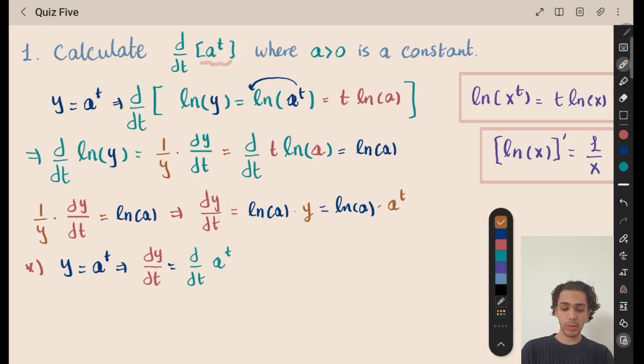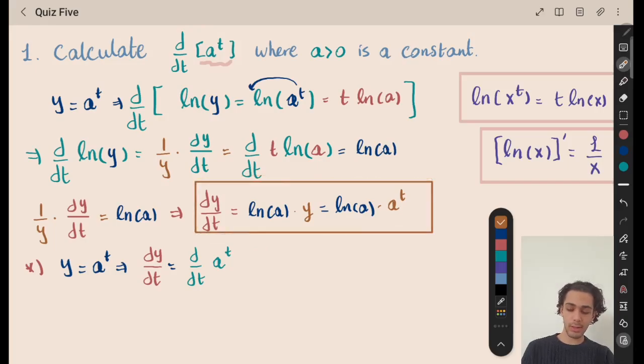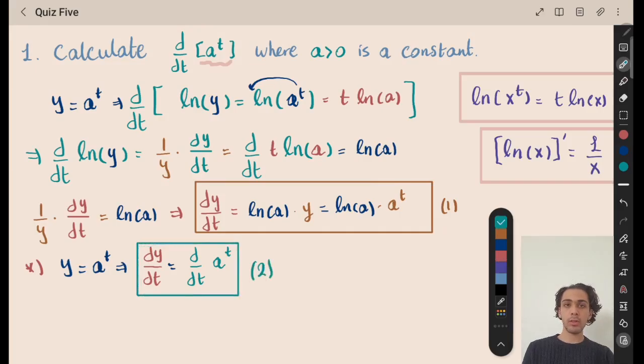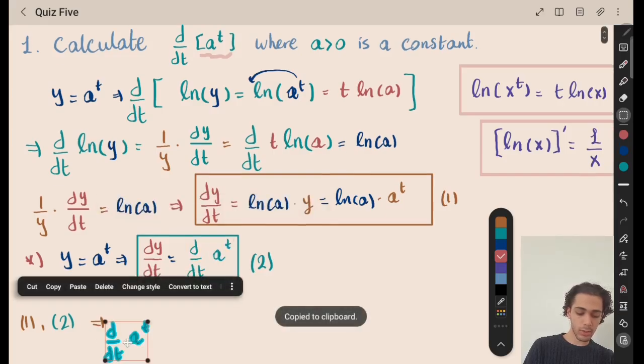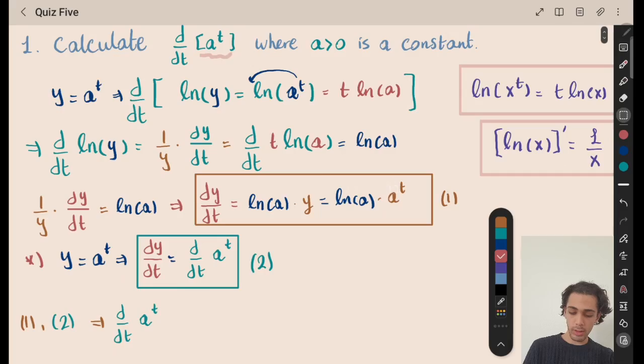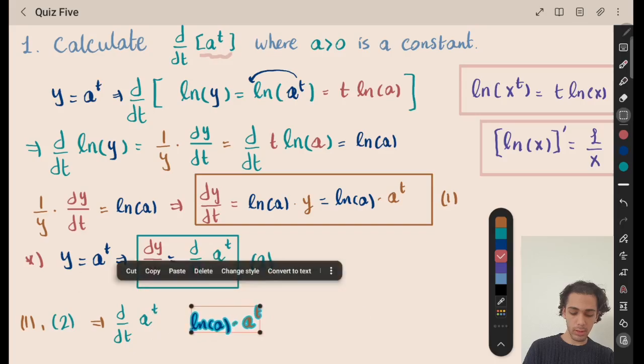So dy by dt is equal to this. It's number 1. And number 2, dy by dt is equal to that. So from 1 and 2, we get that the derivative with respect to t of a to the t is just equal to ln of a times a to the t.